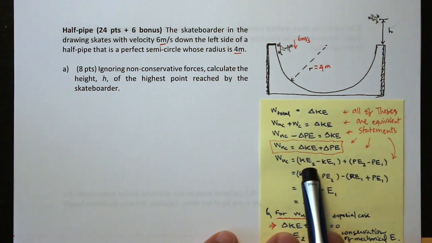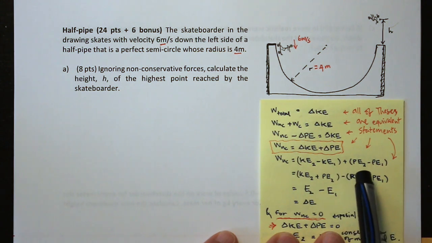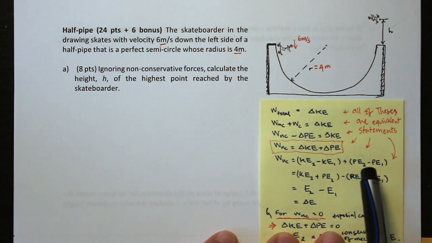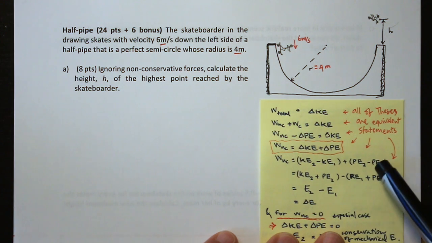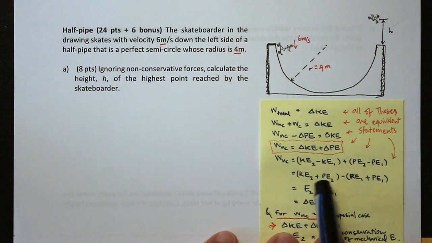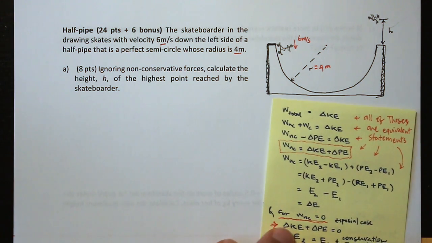If I write the changes as the differences between the final and the initial kinetic energies and potential energies, and I just algebraically manipulate this by combining the energies at position 2 together and the energies at position 1 together, I find that this is equal to the difference in total mechanical energy: total mechanical energy at position 2 minus total mechanical energy at position 1.